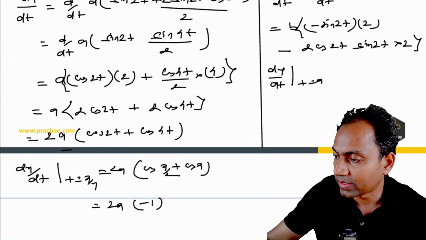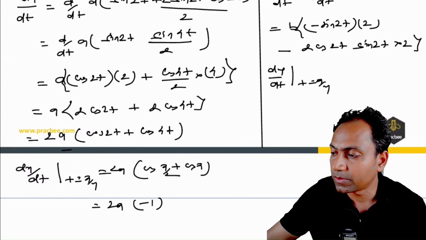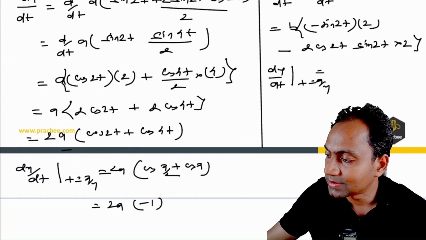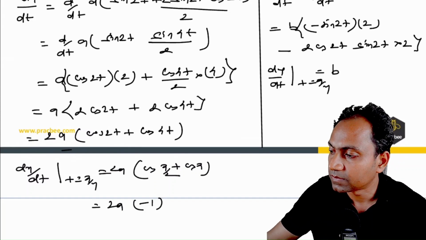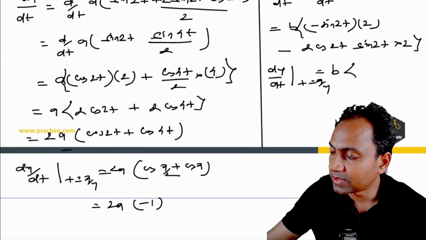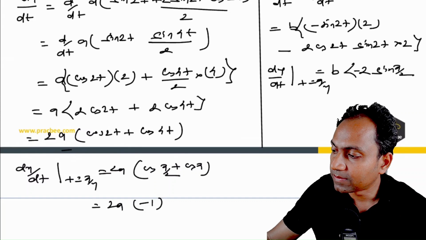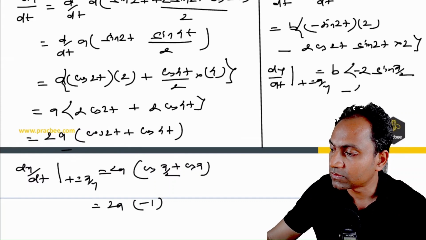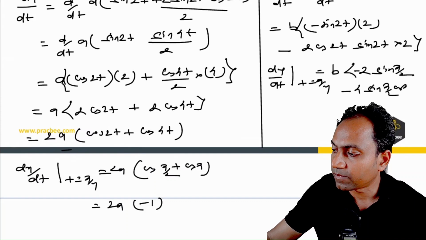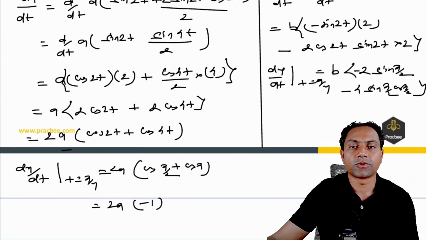We will also find dy by dt at t equal to pi by 4. If I put pi by 4, we can see that the b part is fine. This becomes nothing but minus of 2 sine of pi by 2. And then minus is again fine. What we are getting is 4 times sine pi by 2 cos of pi by 2, so the second part will become 0.